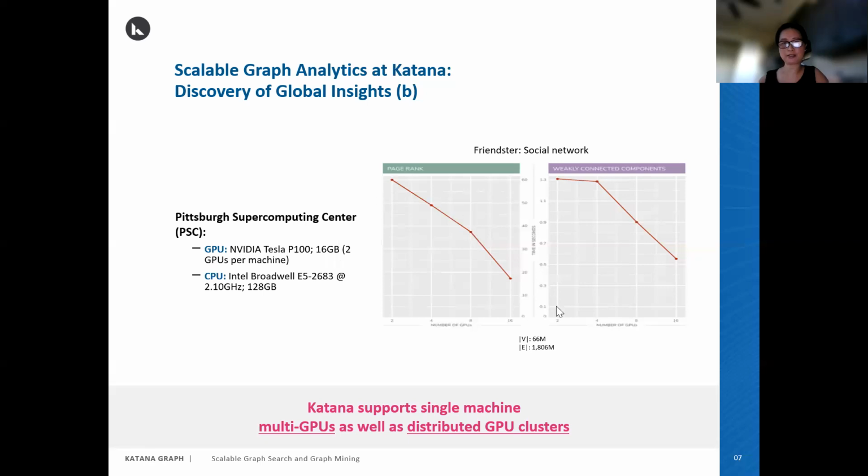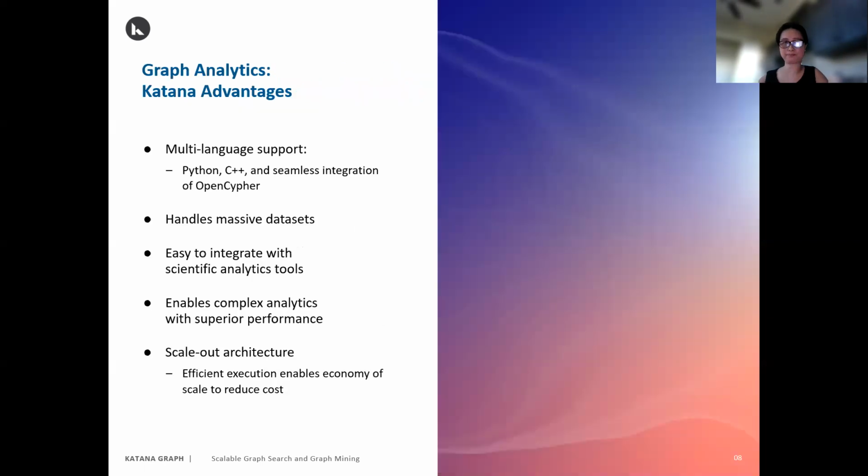You can see we can scale linearly with the increased number of GPUs. Katana supports a single machine with multiple GPUs as well as distributed GPU clusters. If you have a single machine, we can scale your method with multiple GPUs. If not, we can provide distributed GPU clusters.